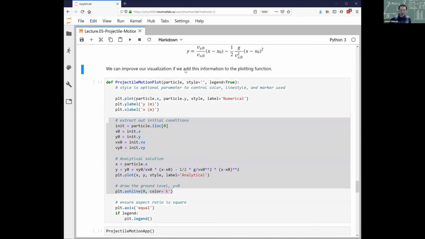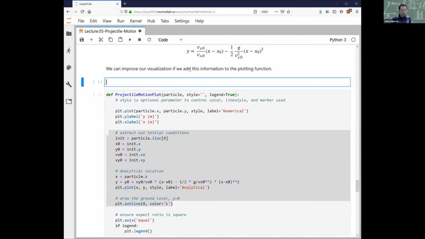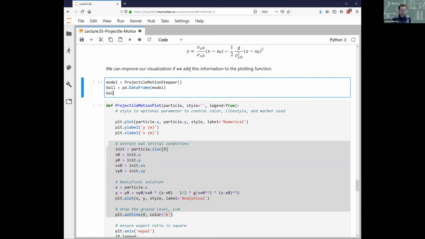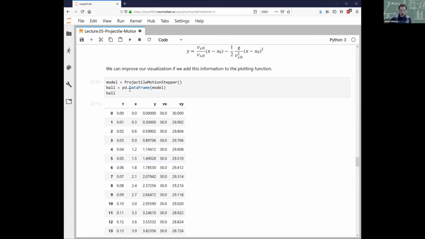The whole idea of these models is when I run the model, so if I say projectile motion stepper, I get back a model, and then if I turn it into a data frame, I can actually look at all those columns.